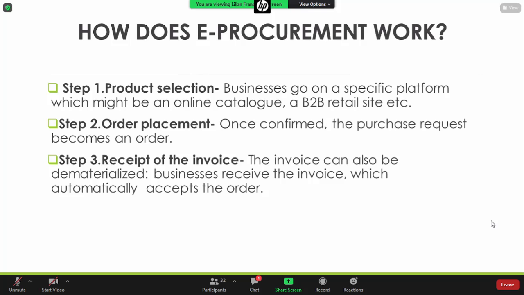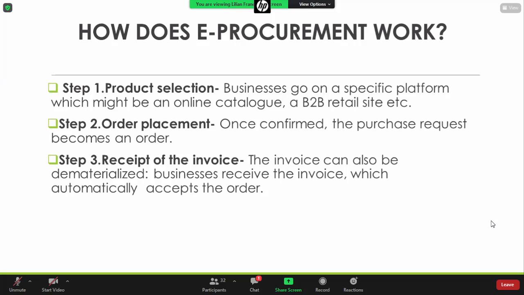They have access sa suppliers' entire product range, including yung mga contractual conditions. So dito, they choose their products and send their purchase request with a single click. The purchase request is then incorporated into their purchasing system to follow the predefined workflow. So once confirmed, the purchase request becomes an order.